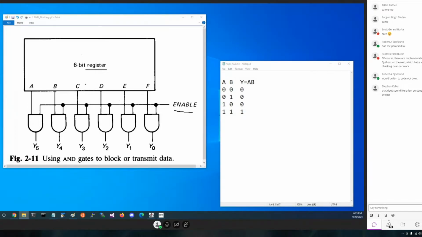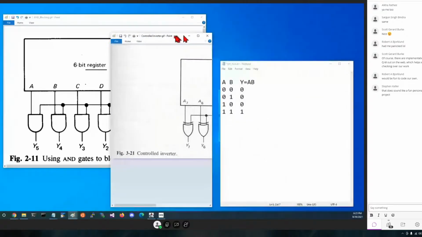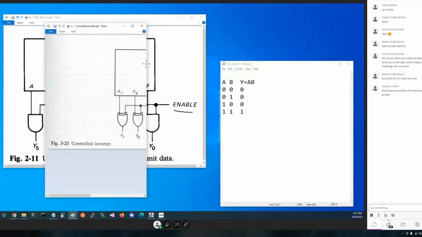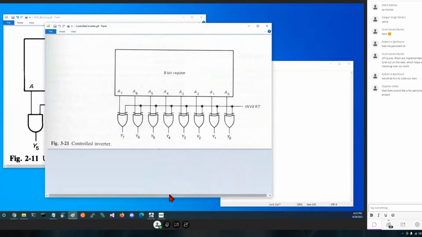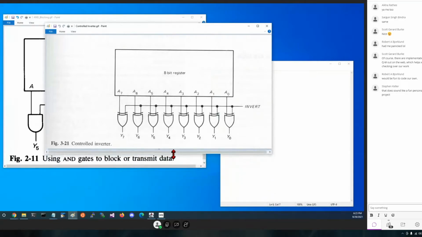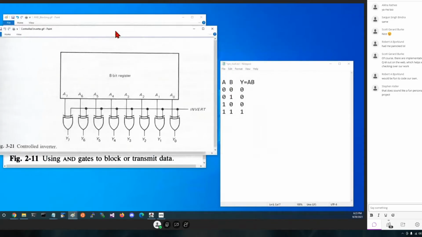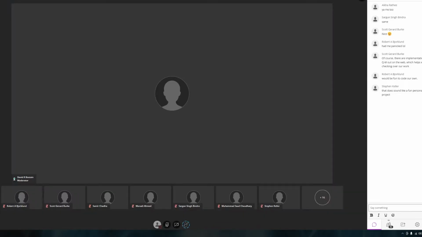Okay, the next one we want to look at is called a controlled inverter. Now, the idea here is that I have eight outputs from a register.